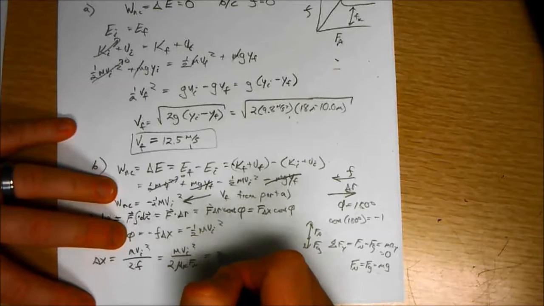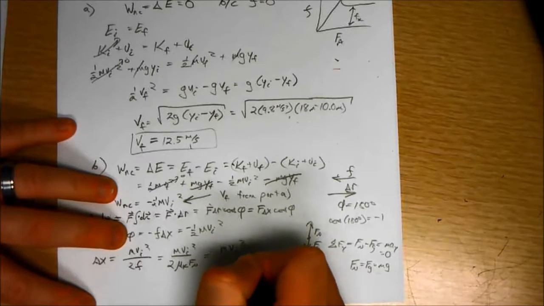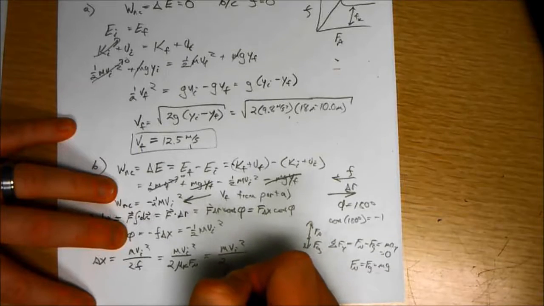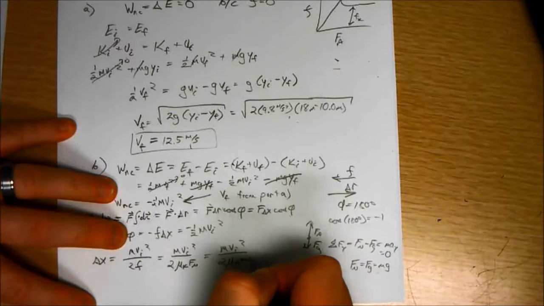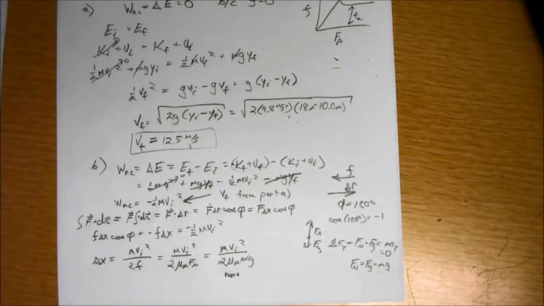So I can say this equals mv initial squared over 2 mu k mg. The m's cancel.